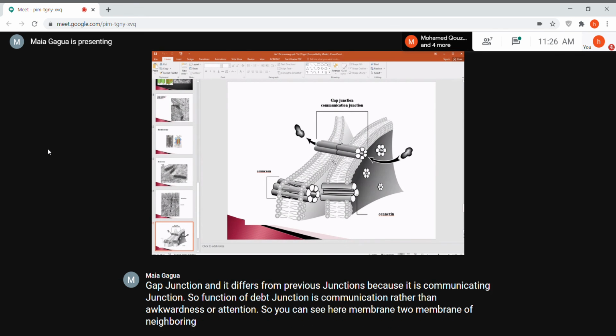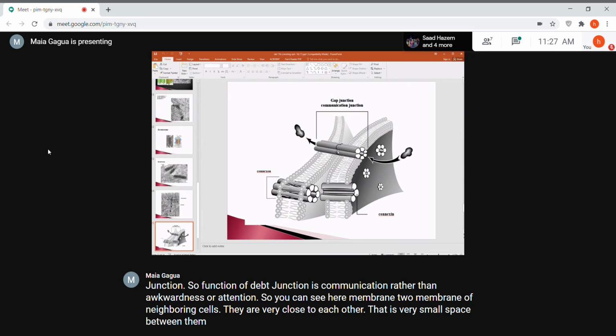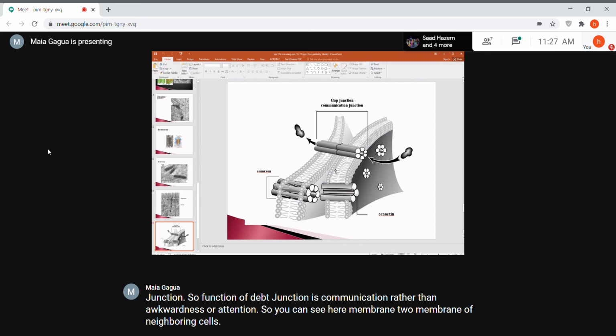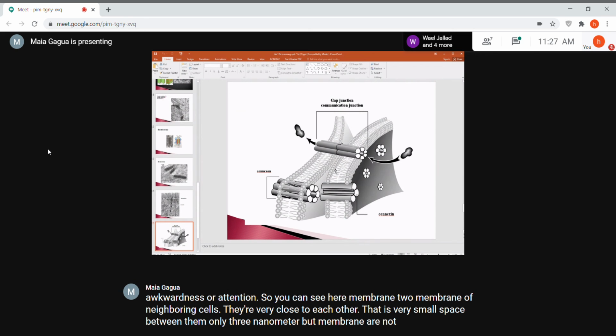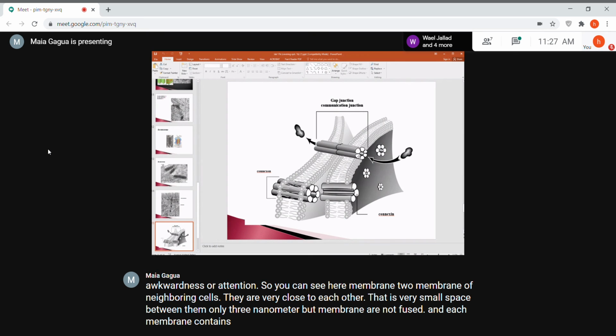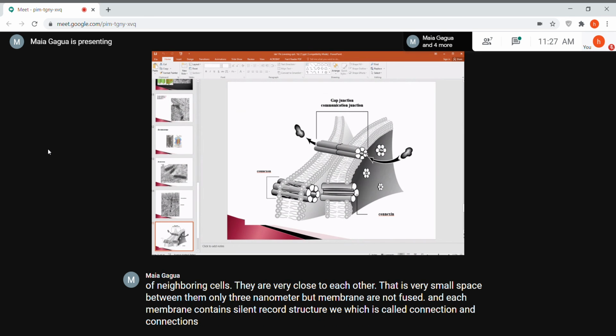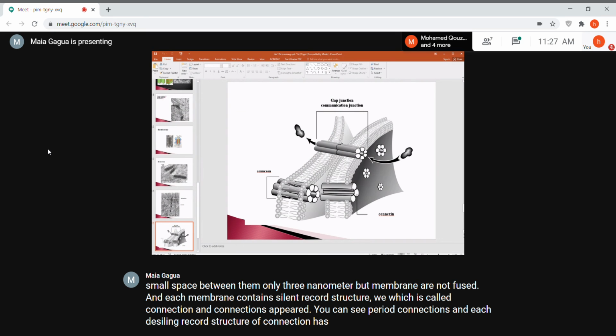They are very close to each other. There is a very small space between them, only 3 nanometers, but membranes are not fused. And each membrane contains a cylindrical structure, which is called connexon. And connexons are paired. You can see paired connexons. And each cylindrical structure or connexon has a channel inside.